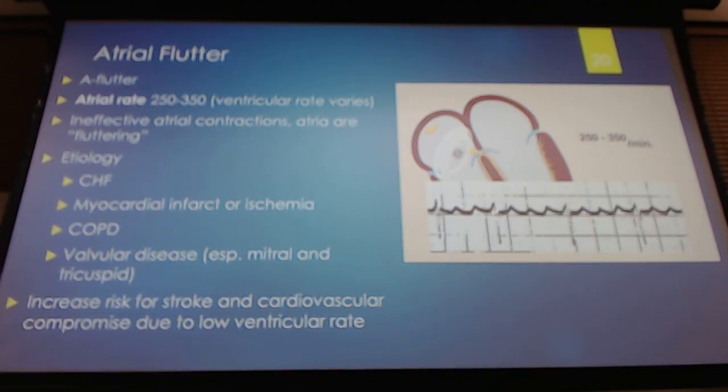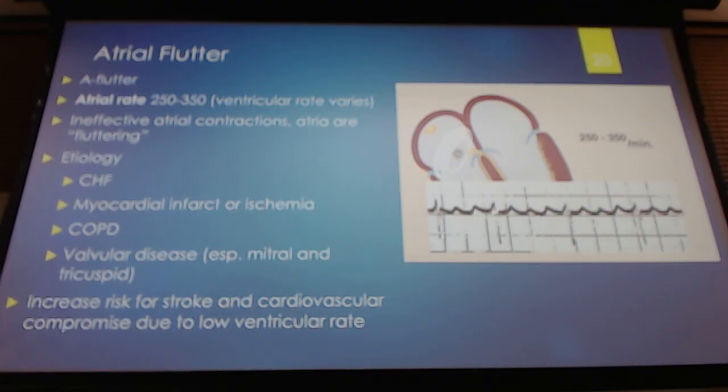We're going to see what we call flutter waves, which is why it's atrial flutter. This is not really coming from the SA node, it's coming from somewhere in the atria where we have a sensitive area, a foci that's firing super, super fast, 250 to 350, again with those atrial waves.